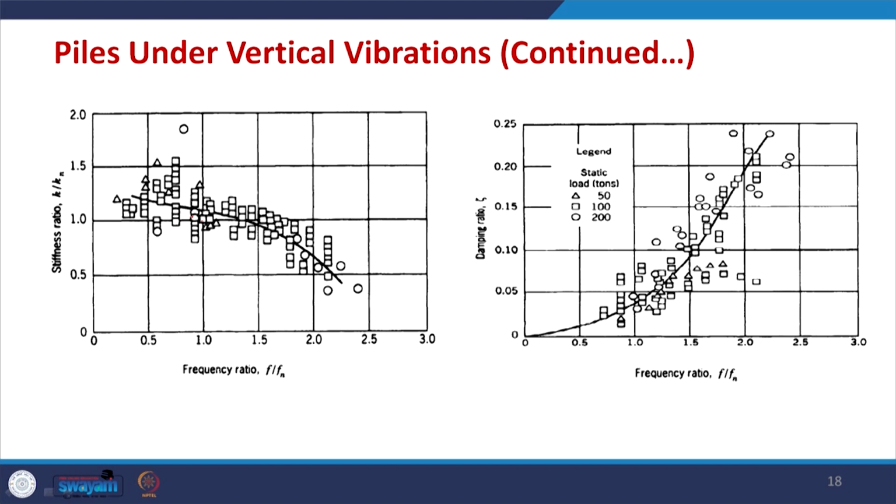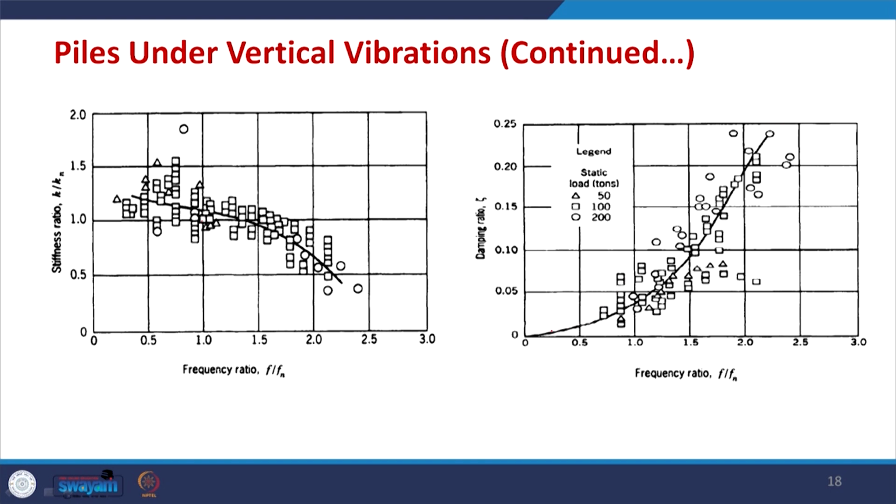Then continue with this. As far as frequency ratio is concerned, again frequency ratio is varying from 0 to 3, while damping ratio in absolute terms is varying from 0 to 0.25, that means it could be at the most 25% damping. And for this case the legends are shown here. So, you could see the value of K by Kn is decreasing with the frequency while the damping ratio is increasing with the frequency.